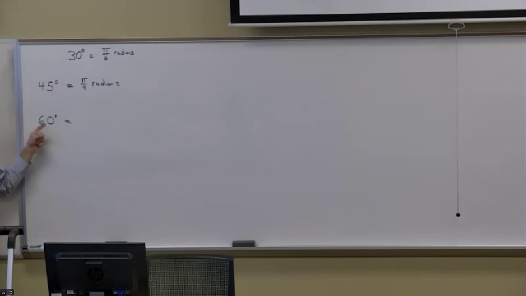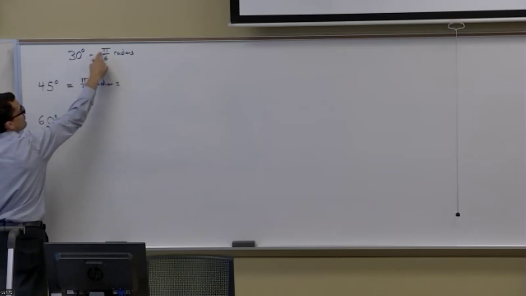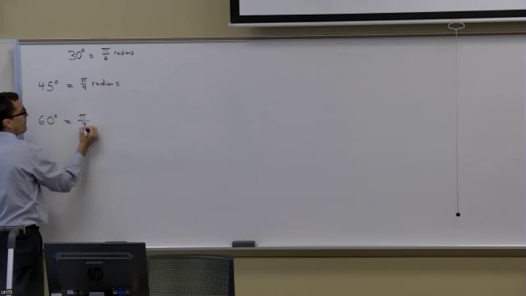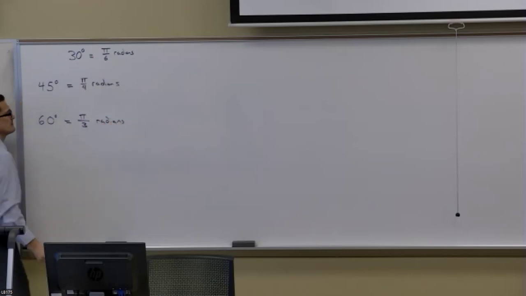Or you can do the times pi over 180. Either way is fine. So if I double 30 degrees, doubling this, 2 pi over 6 is 1 pi over 3. So 60 degrees is pi over 3 radians.